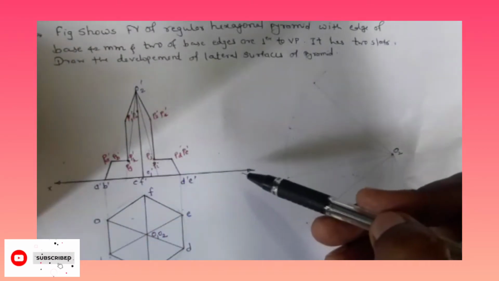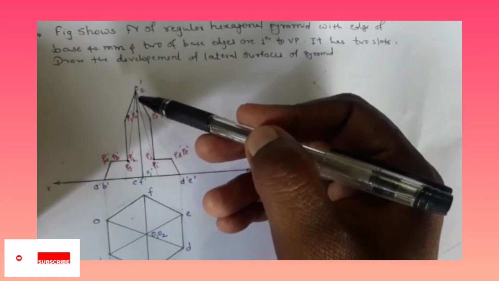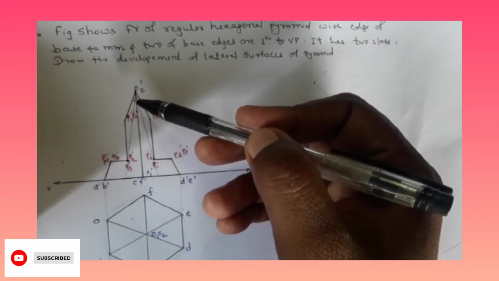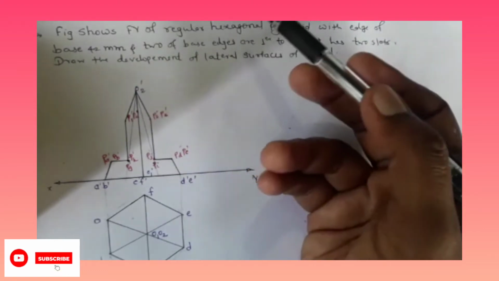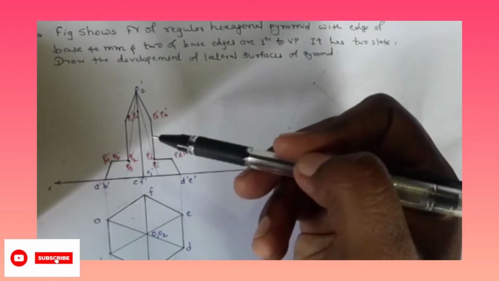These lines are not parallel to XY. That means the lines we are getting in the front view are not going to give the true length. In the previous problem of the pyramid that we have seen, the lateral edge in the top view was parallel to XY.